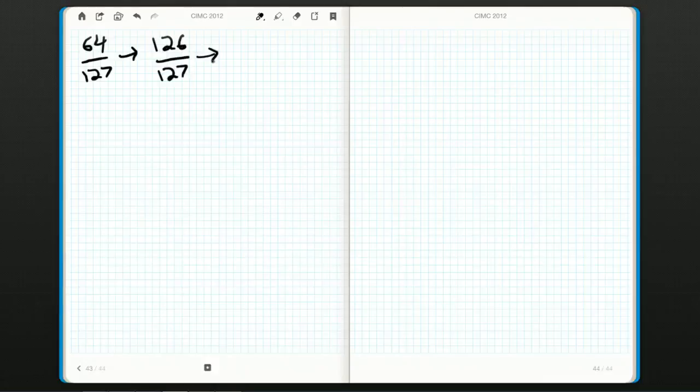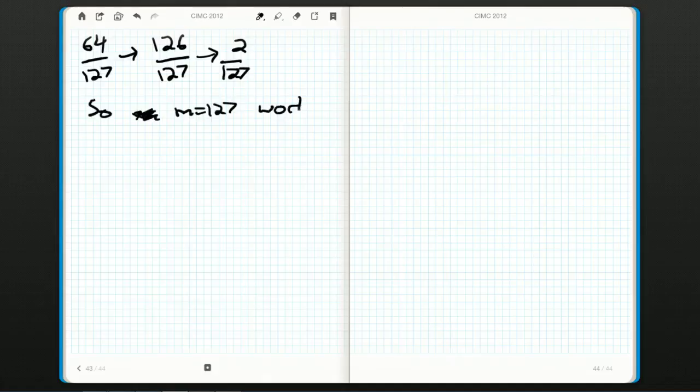Just using our calculator. But this too is over a half. So we'll have to do 1 minus 126 over 127, which is 1 over 127, and double that. So m equals 127 works. We found one of the numbers.